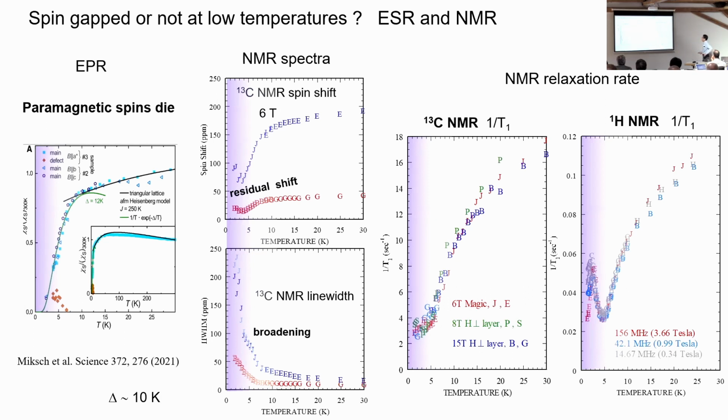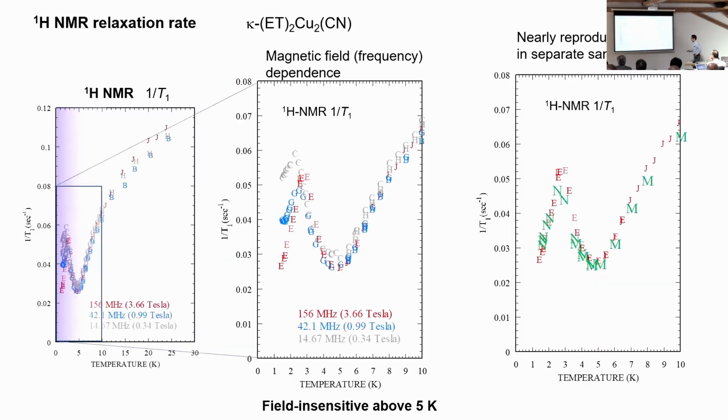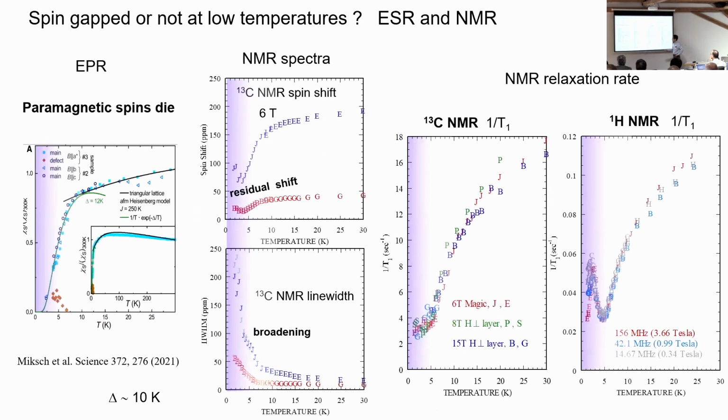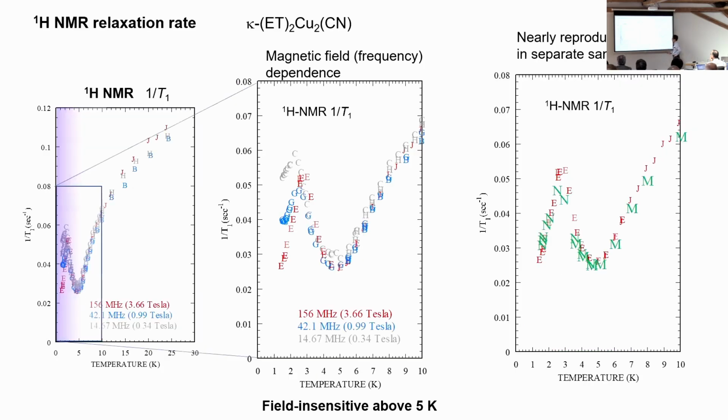Regarding this curious behavior of the proton NMR relaxation, this is an expanded figure. At low magnetic field, 0.34 tesla, the relaxation rate shows a peak here.